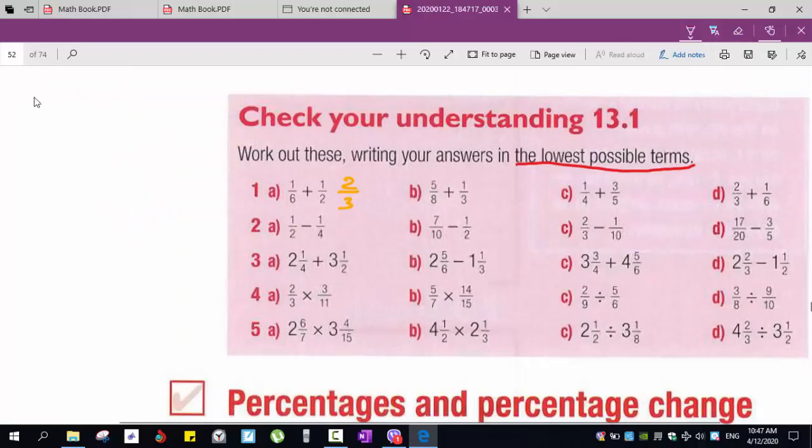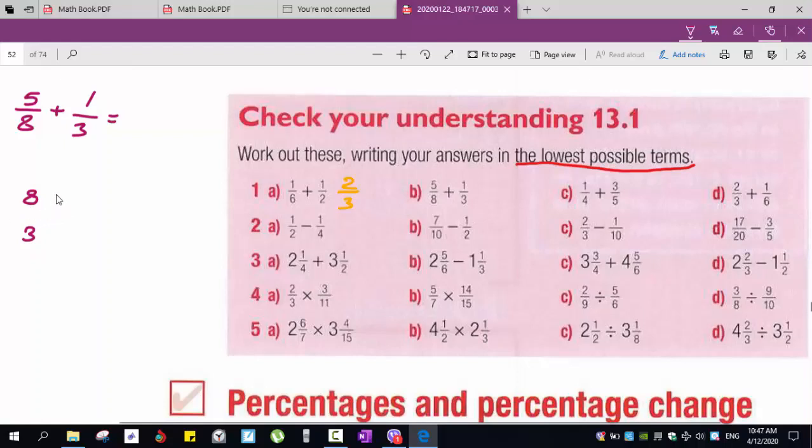Then to do such an addition, 5 over 8 plus 1 over 3, we just multiply them, or we find the lowest common multiple between these two numbers. Let's write some multiples of 8 and multiples of 3, and see which number is the lowest common multiple.